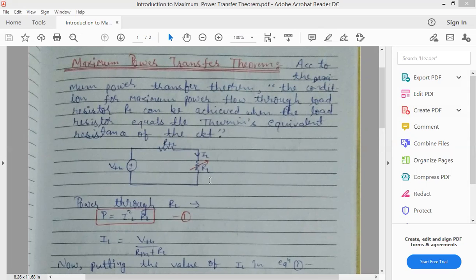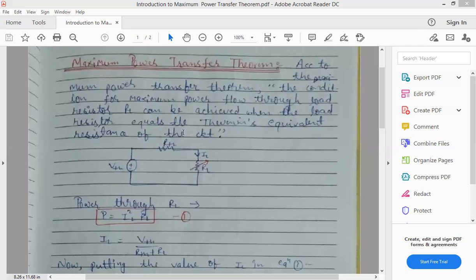So by using the maximum power transfer theorem, we can find a condition at which maximum power can flow through the load resistor, and that condition is RL equals RTH.